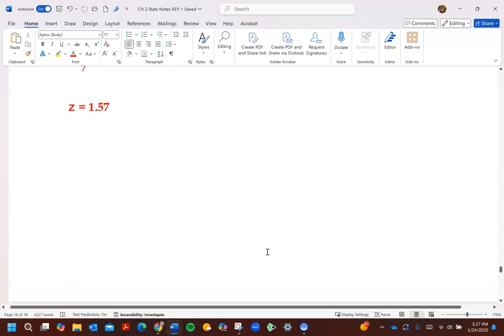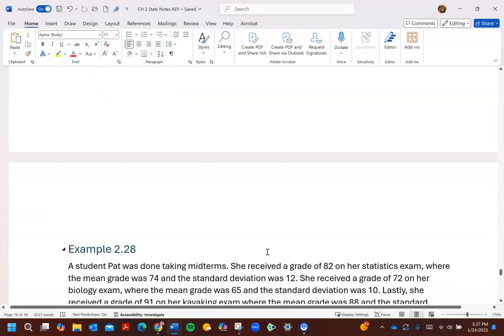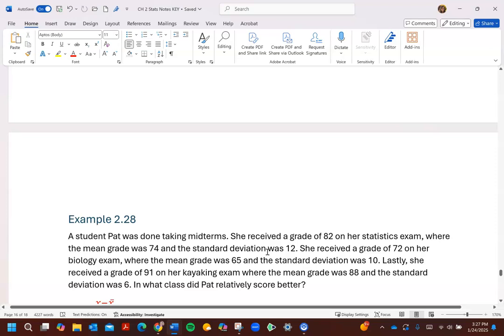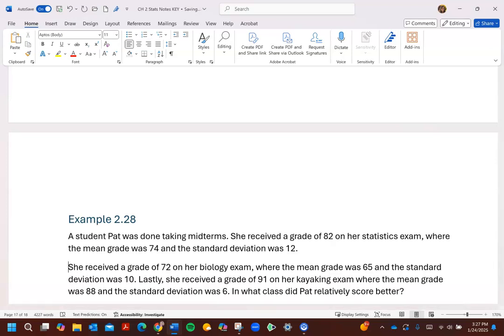So here's one to now compare. Example 2.28. A student, Pat, was done taking midterms. She received a grade of 82 on her statistics exam, where the mean grade was 74 and the standard deviation was 12. I'm even going to split this up a little here so you can see it easier. She received a grade of 72 on her biology exam, where the mean grade was 65 and the standard deviation was 10.